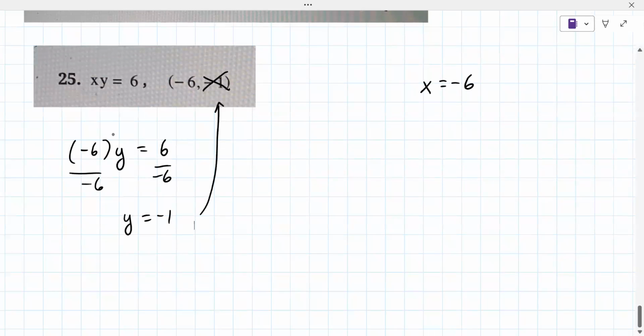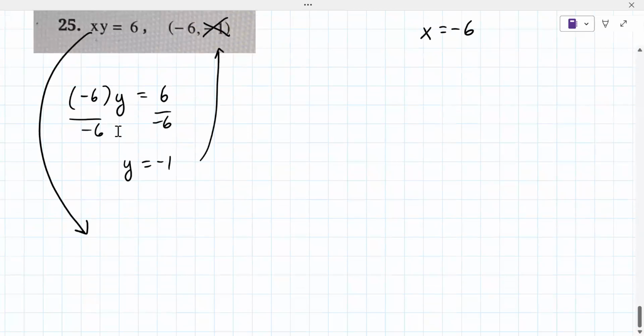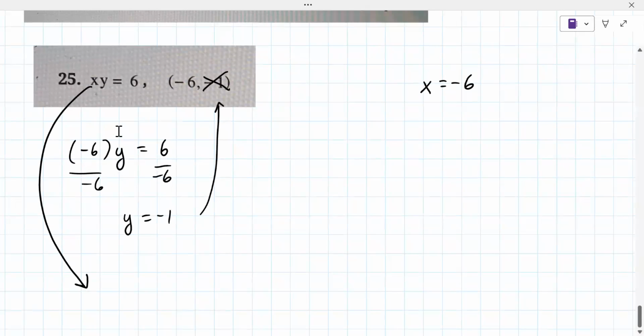So what I'd like you to do now is take the derivative of the left side for me, please. That's the one you're going to see over and over again in this course. Take the derivative of xy.